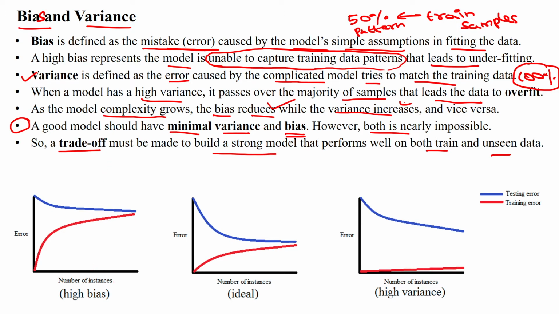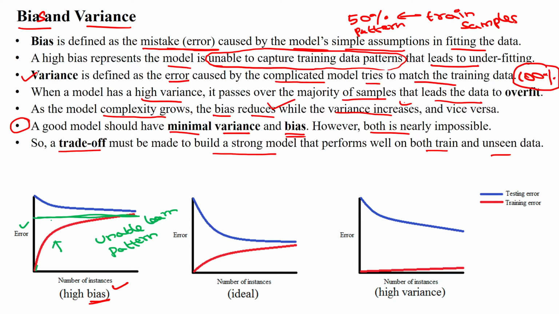So here, this is the high bias case. Look at the red line, which indicates the training error. The model is unable to learn the patterns of the input training data, so since it is unable to learn the patterns of training samples, it gives more error.